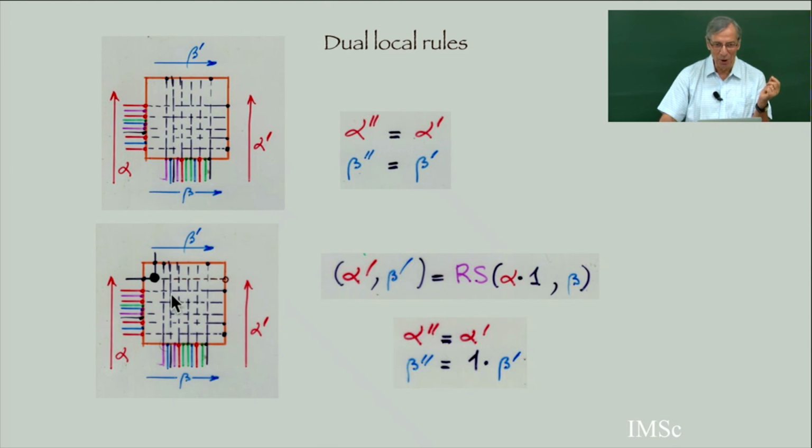Because the 1, this black line, has to intersect all the lines coming from below. So this is why I have to concatenate alpha and 1, and then make the product with beta. So all this is going to change. So take the product, the 1 is incorporated in the product of alpha and beta, and at the end the 1 is concatenated at the left of beta prime.